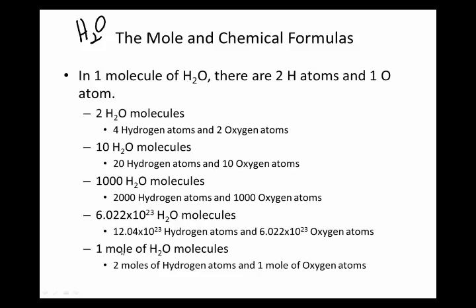So it depends what we're talking about moles of. In 1 mole of water molecules, there's 2 moles of hydrogen and 1 mole of oxygen. The larger lesson here is that any ratio, like 2 to 1, that holds when we're talking about individual atoms and molecules also holds when talking about moles.